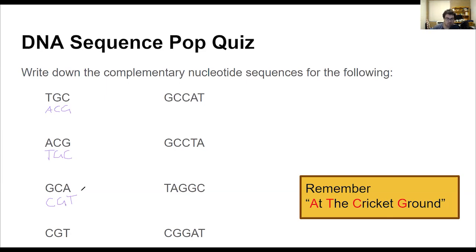Alrighty. So at this stage right now, what I want to challenge you to do is pause the video for about a minute or so and have a go at doing the other nucleotide sequences, working out the complementary nucleotide sequences for those ones. And then I'm going to challenge you to put your answers for at least one of those sequences as a comment in our Google Classroom.